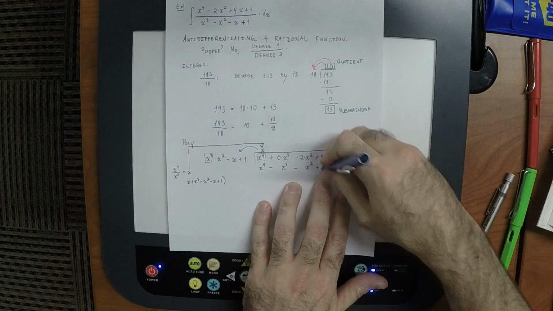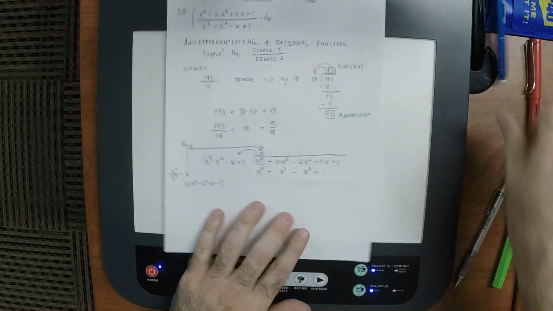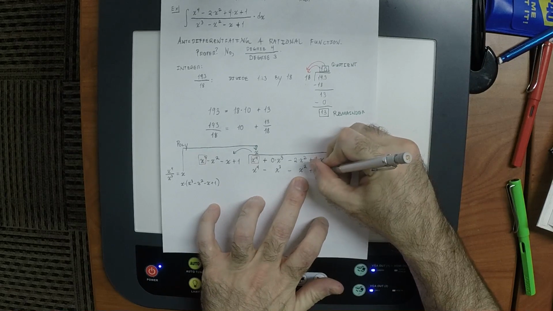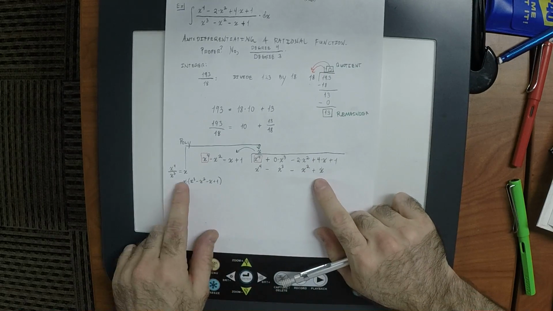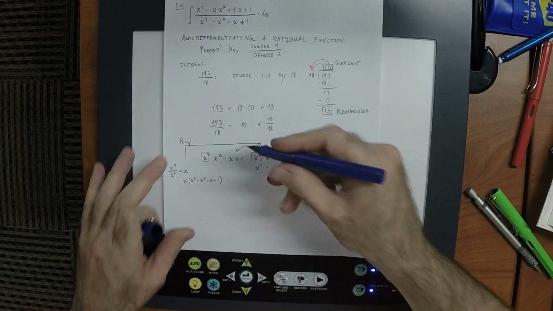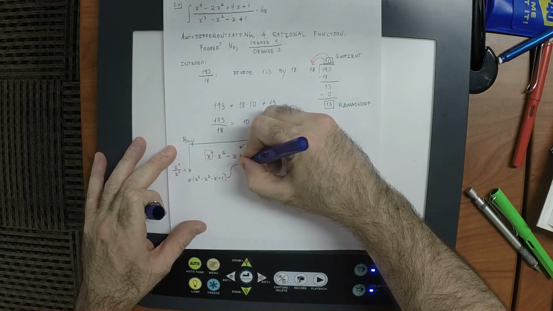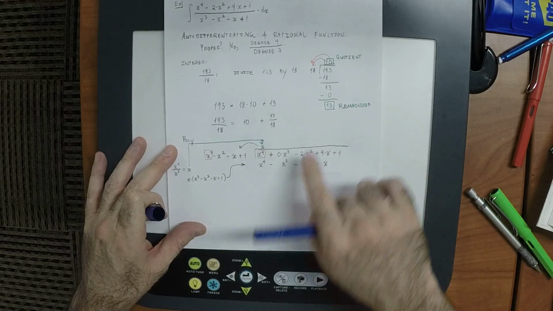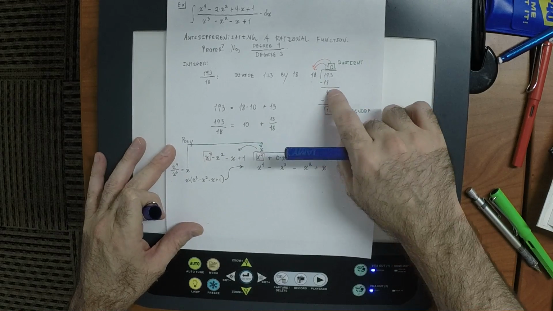Whoops, add an x. Okay, so that times that. So what I'm saying is that this went right there.